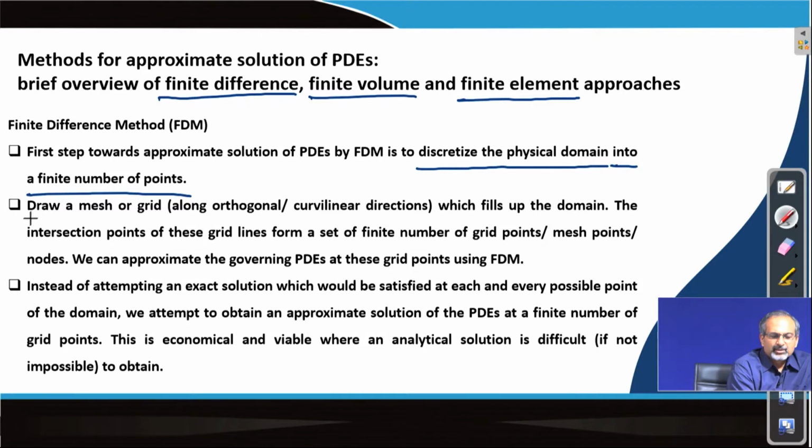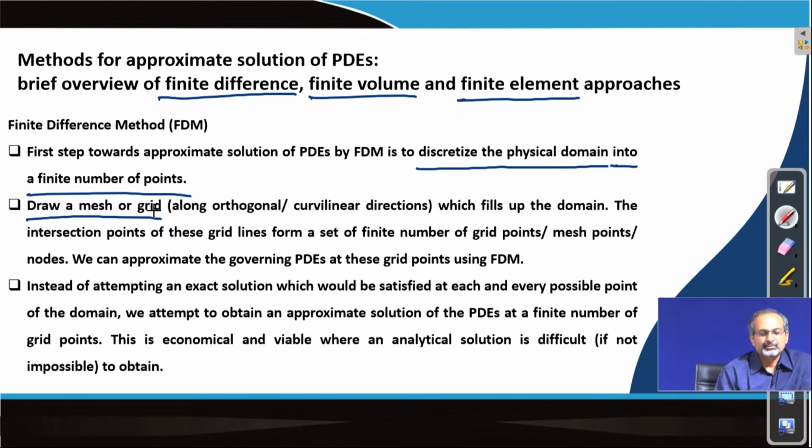In order to generate the points, we draw a mesh or a grid. This mesh or grid covers the entire domain over which we are trying to obtain the approximate solution of the partial differential equation or system of partial differential equations.